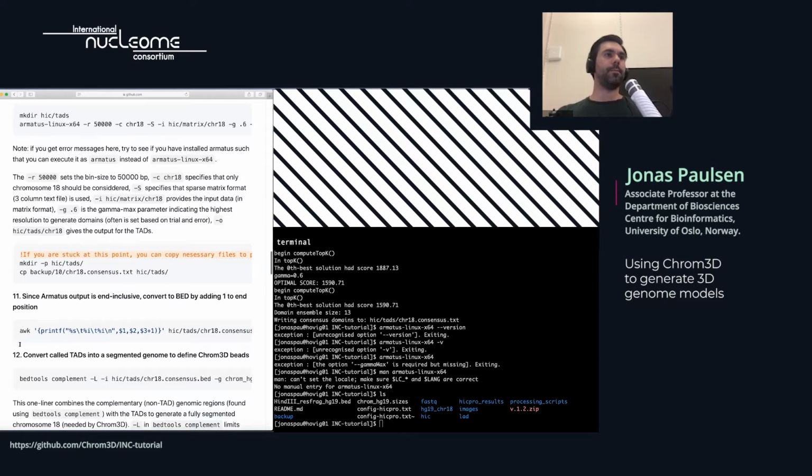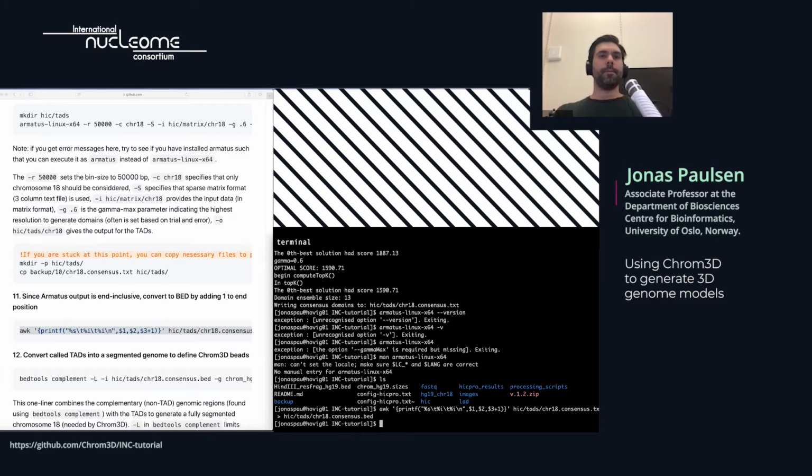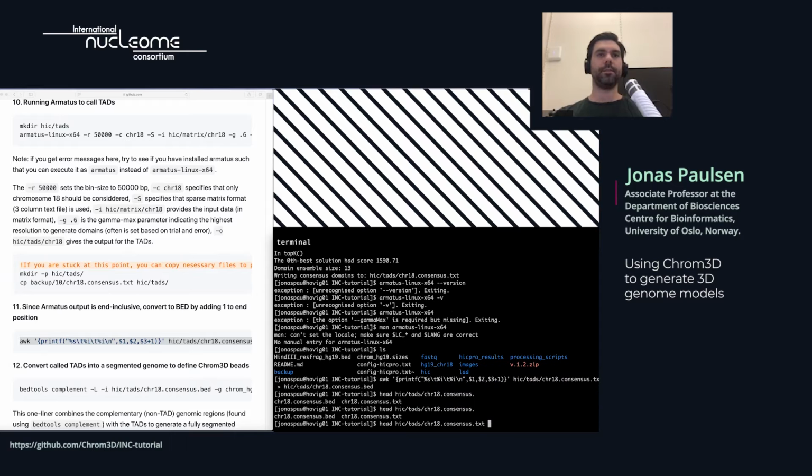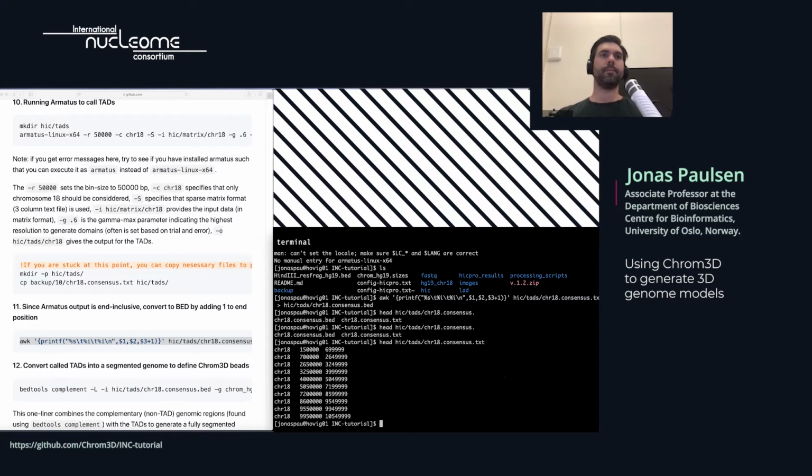Now we will run step number 11. This is just a simple step which will convert the output from Armatus, which should now be in the Hi-C TADS chromosome 18 consensus .txt.